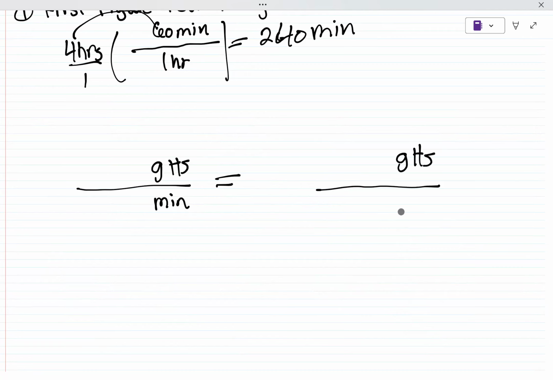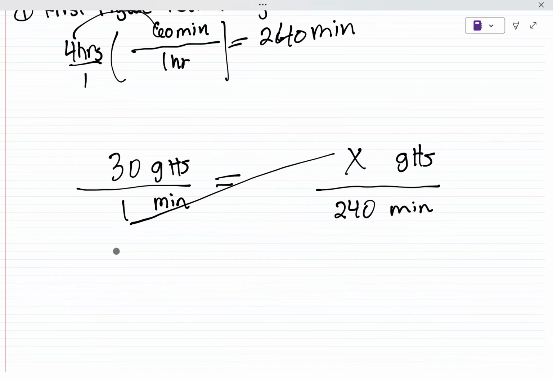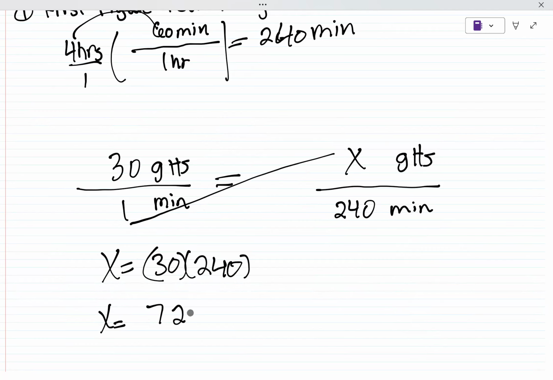We were given 30 drops for 1 minute, and we want to know how many drops there are in 240 minutes. Cross multiply: 1 times x is x, and 30 times 240 gives you 7,200 drops.